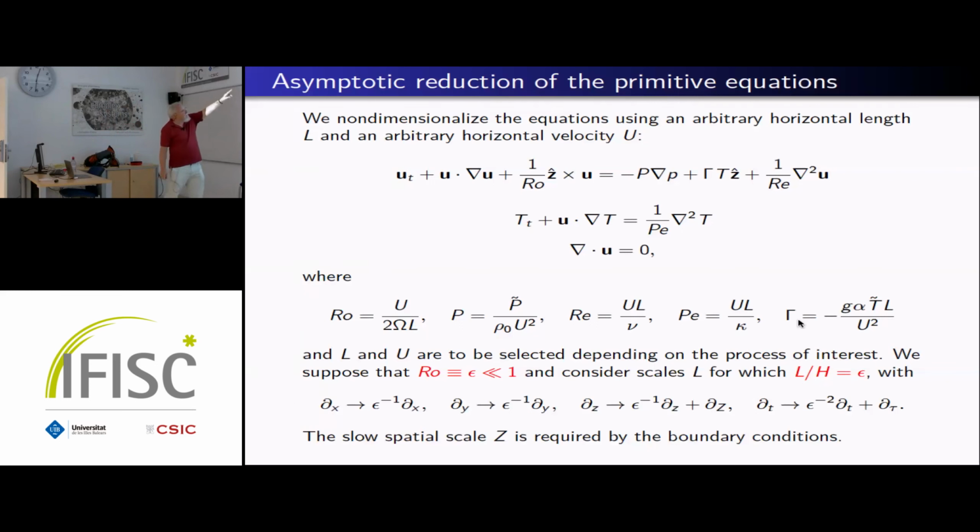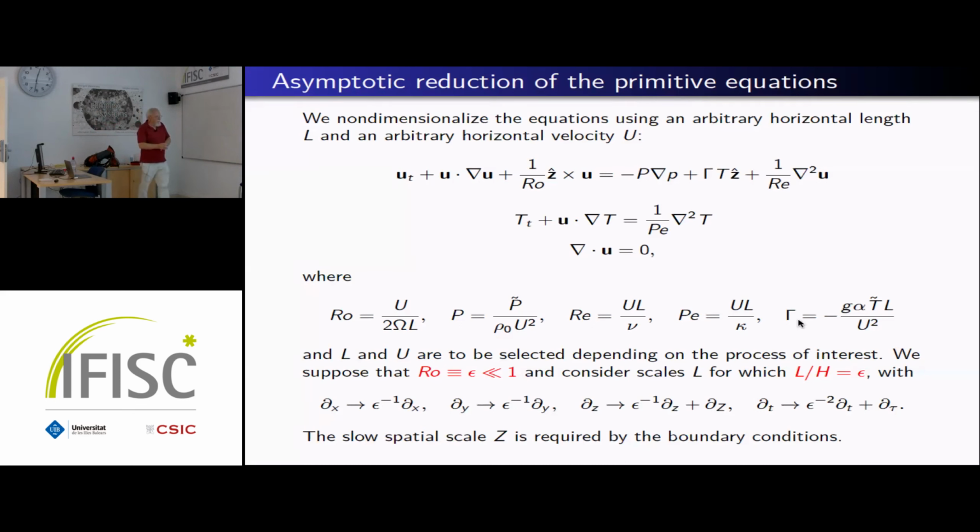There are some additional non-dimensional parameters, this P, gamma, and a Reynolds number and a Peclet number that are defined over here. So P is a measure of the strength of the pressure. And gamma is the important parameter for our purposes because that measures the strength of the convective driving, the buoyancy forcing of the system.